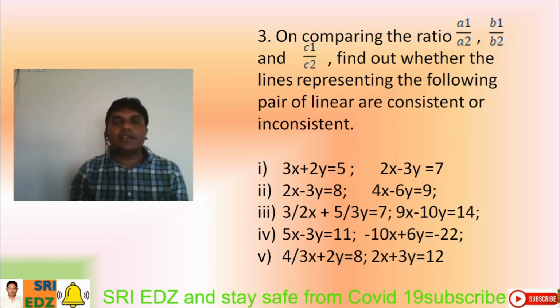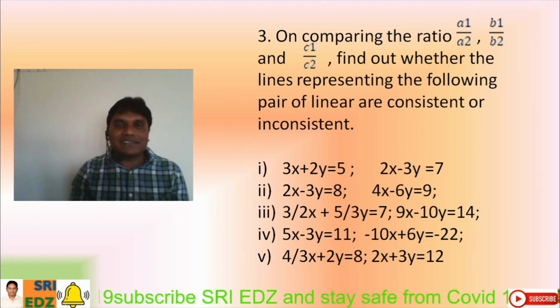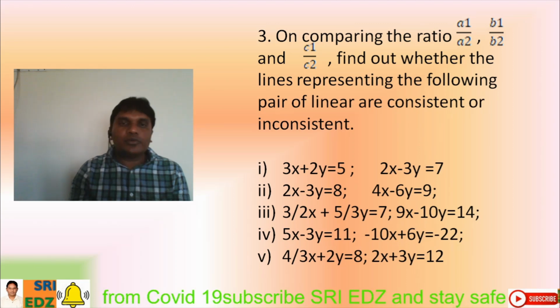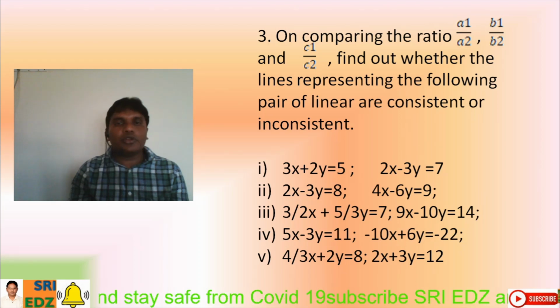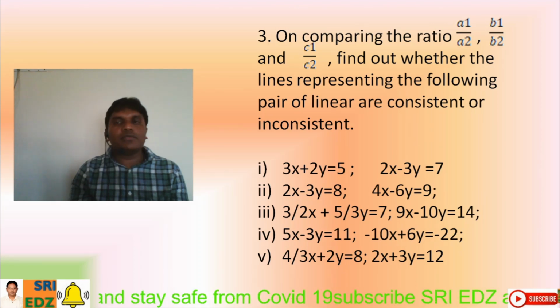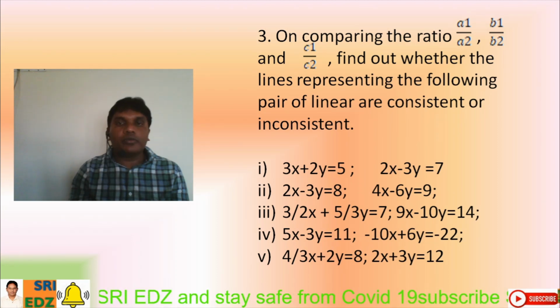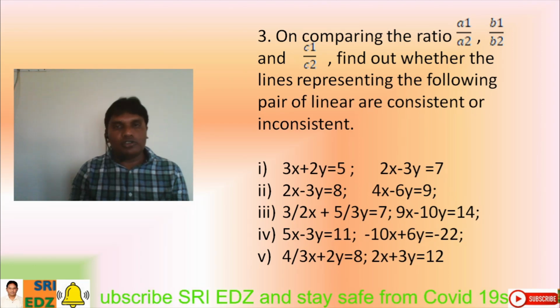If there is no solution, that means they are inconsistent. Consistent means in the case of a1 by a2 not equal to b1 by b2, or a1 by a2 equal to b1 by b2 equal to c1 by c2. If a1 by a2 is not equal to b1 by b2, then we will have only one solution, that means a unique solution.